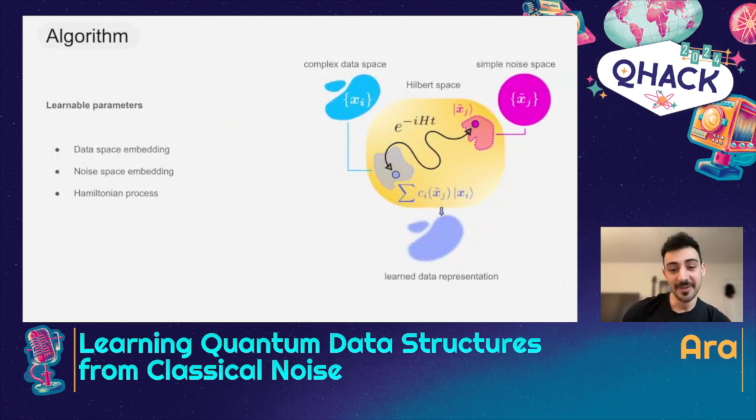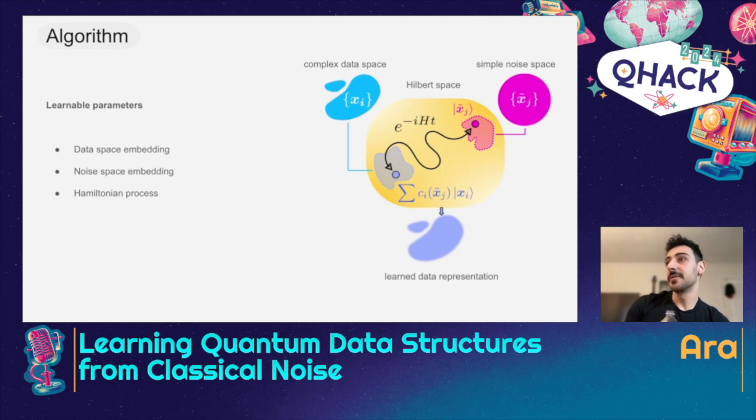Here's a slightly more pictorial representation of the same idea. There are 3 learnable parameters in this case. So that's going to be parameters for the data space embedding, parameters for the noise space embedding, as well as the Hamiltonian process. Now, the third thing I have neglected for the purposes of this example.